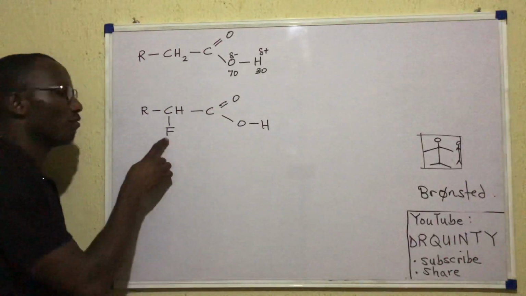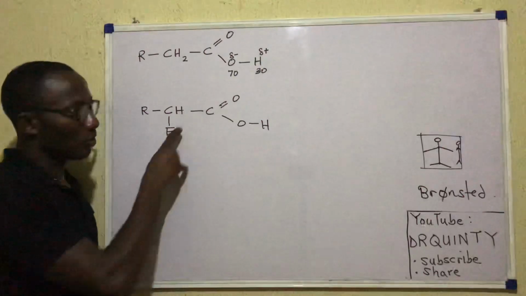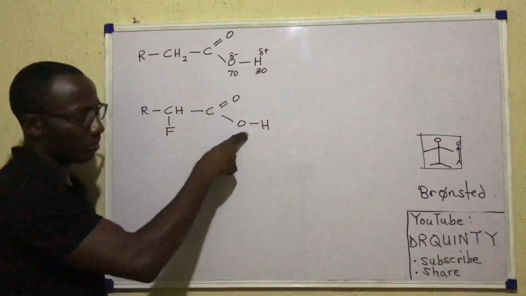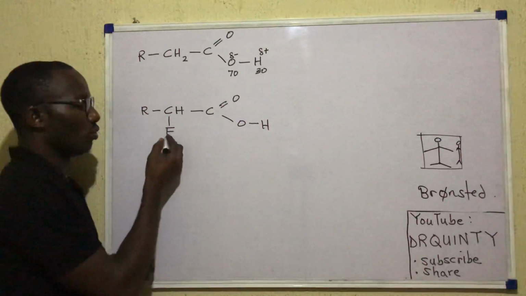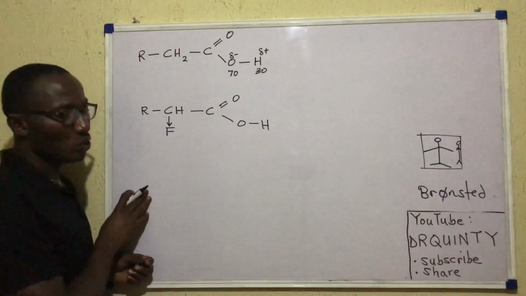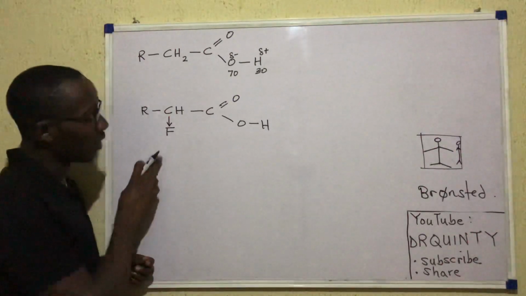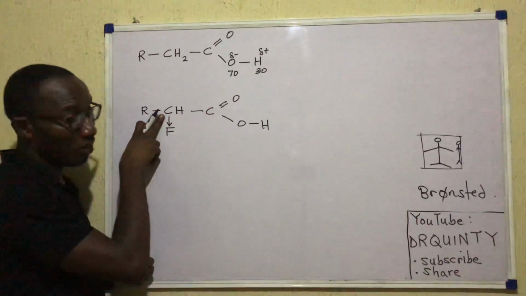Now, I have introduced fluorine at this position. How does that affect this 70-30 relationship? Fluorine is known to be an electron withdrawing group. So by inductive effects, fluorine withdraws electrons from this carbon.